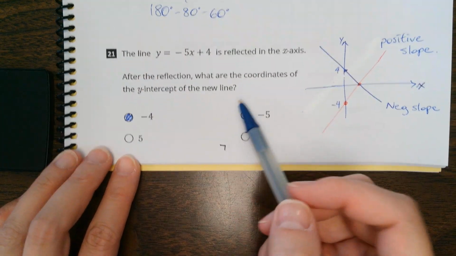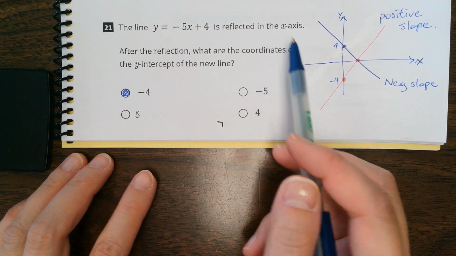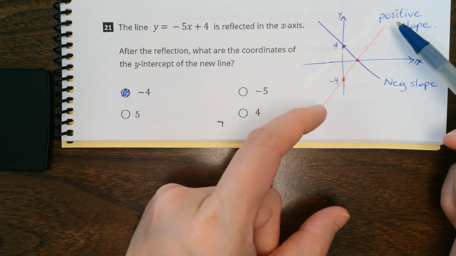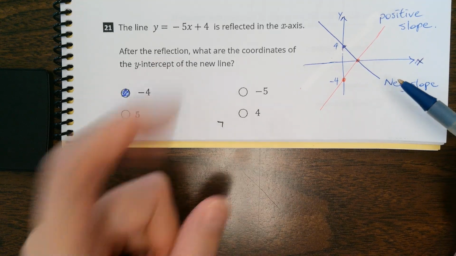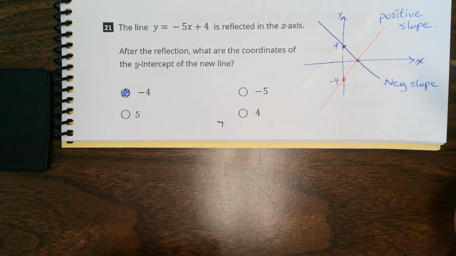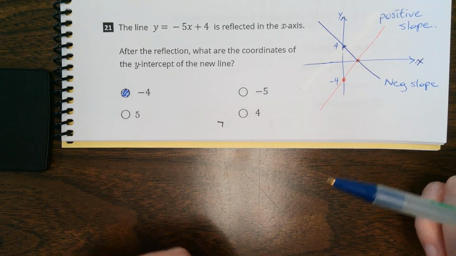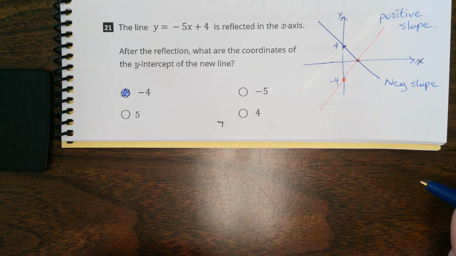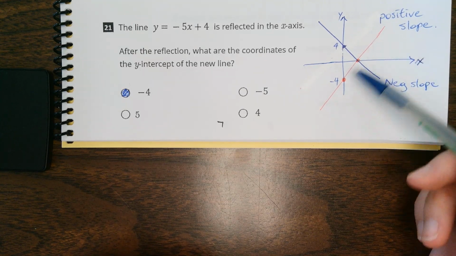So this is a good question because they could have asked a lot of different things. Do a quick little sketch and then reflect it. The question could have asked what is the y-intercept, or what is the x-intercept, or what's this new slope, and so forth. By the way, what is the slope of this red line?